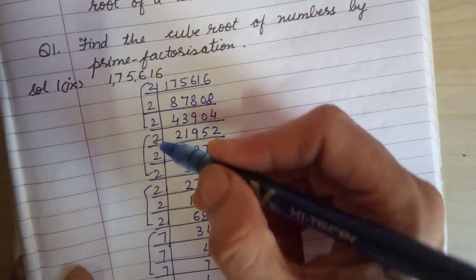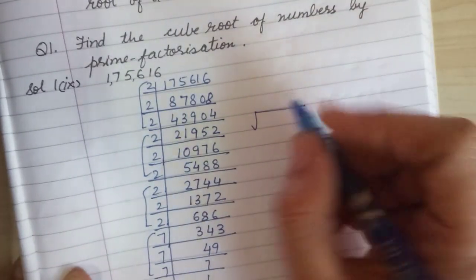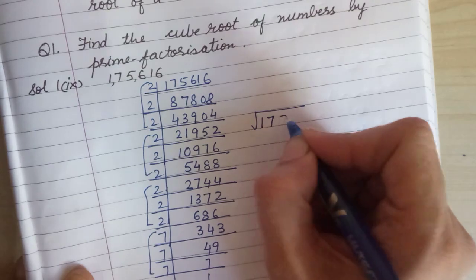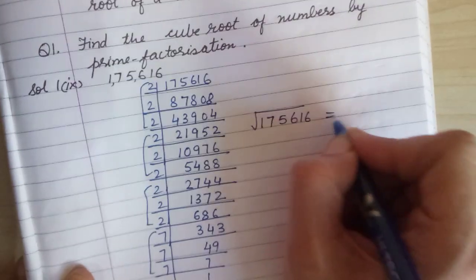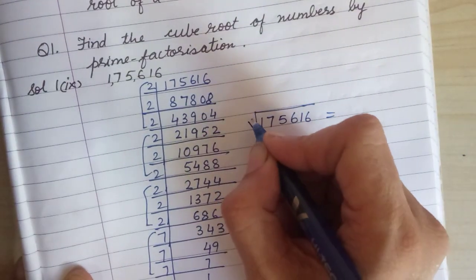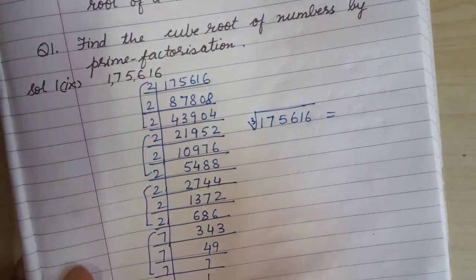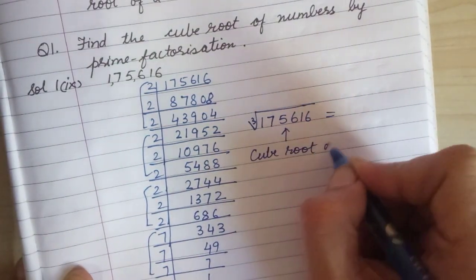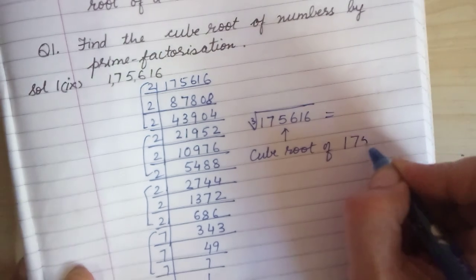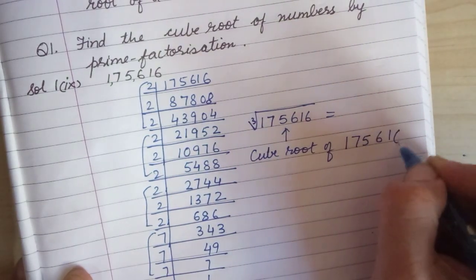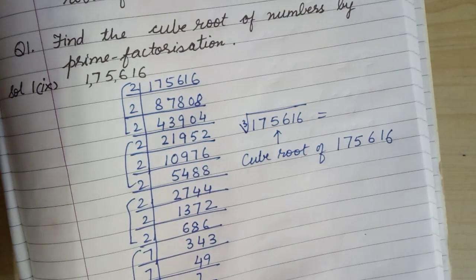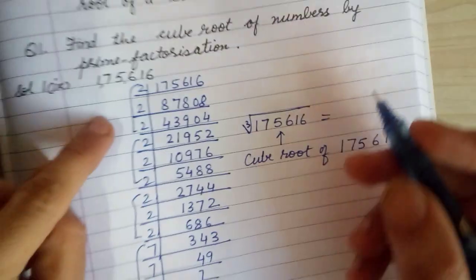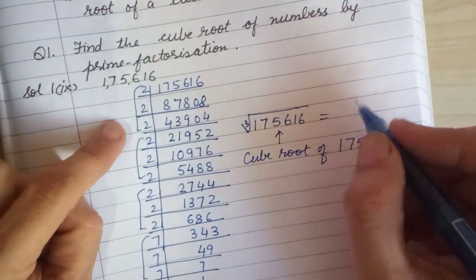So from the cube root of 1,75,616, when we make the cube root symbol, we place 3 here. And how do we read this? Cube root of 1,75,616. Now we will select one member from each group of 3.